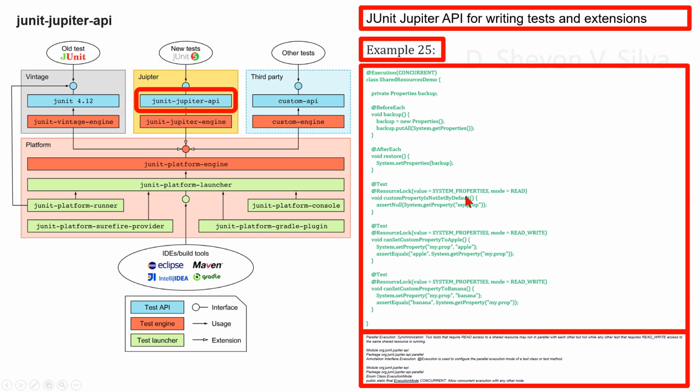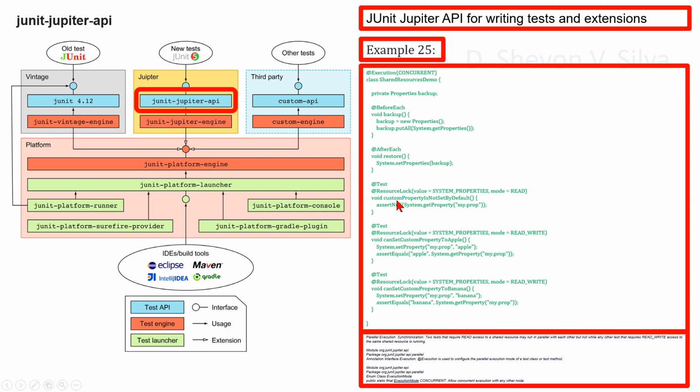If the tests in the following example were run in parallel without the use of @ResourceLock, they would be flaky. Sometimes they would pass, and at other times they would fail due to the inherent race condition of writing and then reading the same JVM system property.